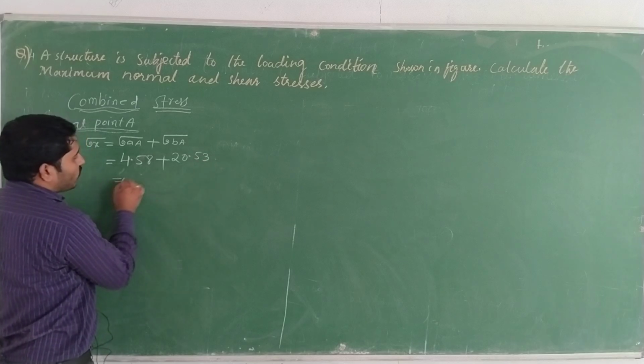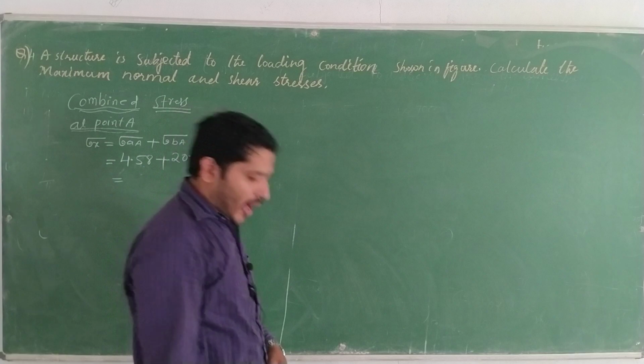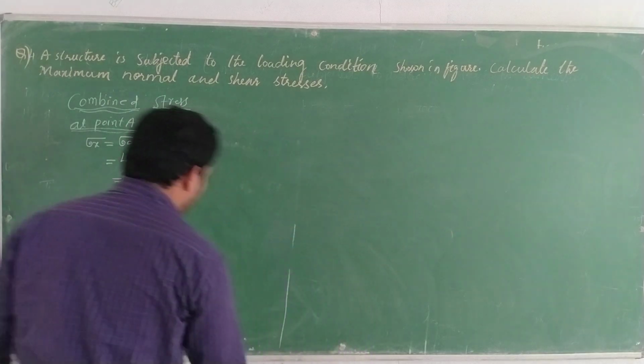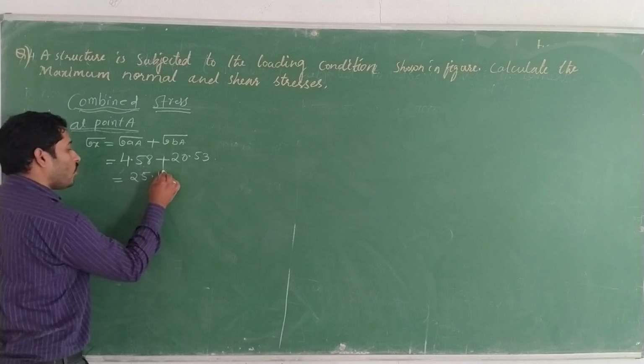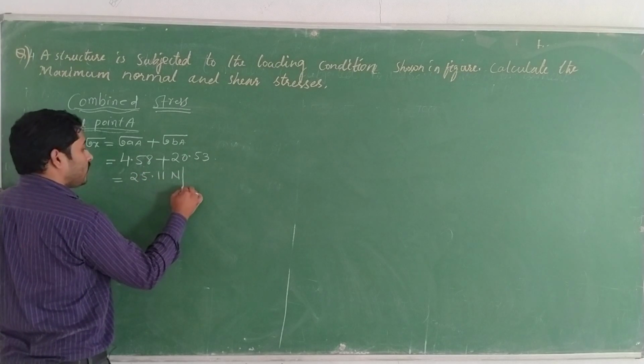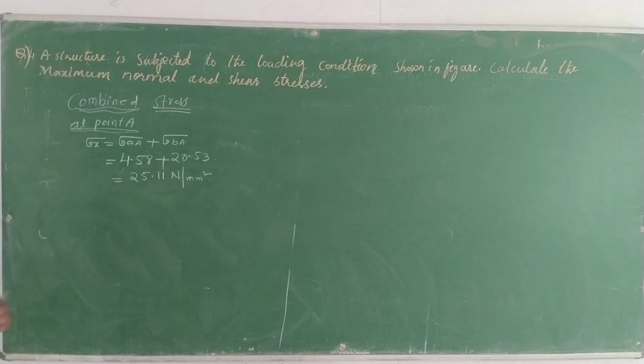If you add these values, you will get 25.11 Newton per millimeter square. That is the value of sigma x.